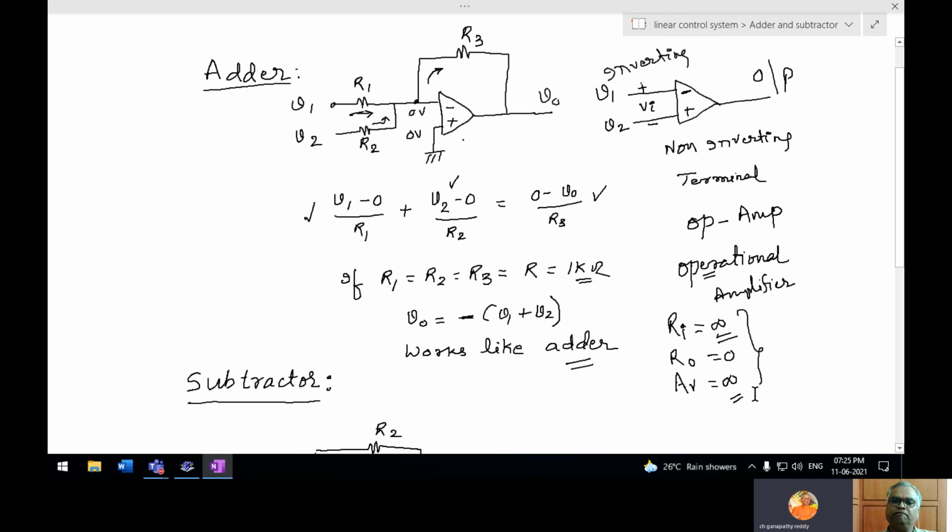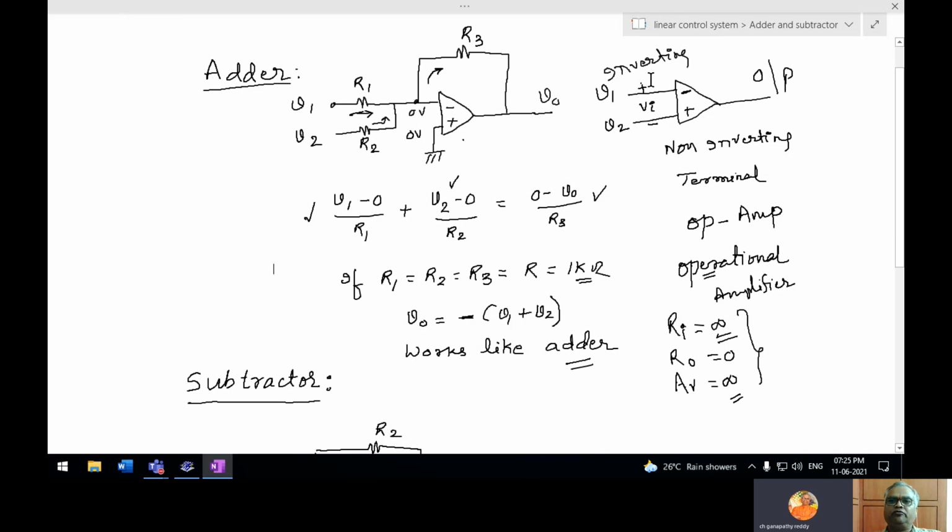So these are some of the important characteristics. Further, there are also input offset voltage, output offset voltage, common mode rejection ratio, CMRR, like that. Further, definitions like slew rate, etc. Those things I am not telling now. You can study all these things in detail in theory.